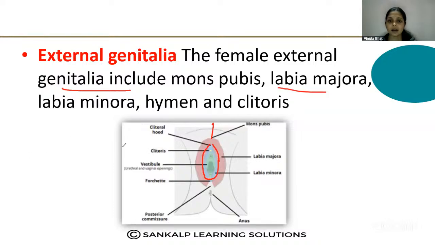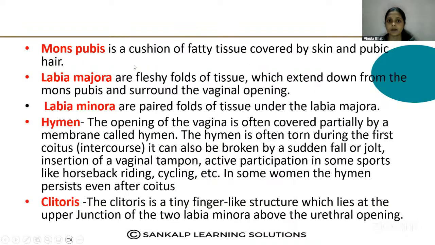The clitoris is a small finger like projection, and the hymen is the layer that covers the vagina. The mons pubis is a cushion of fatty tissue covered by skin and pubic hair.